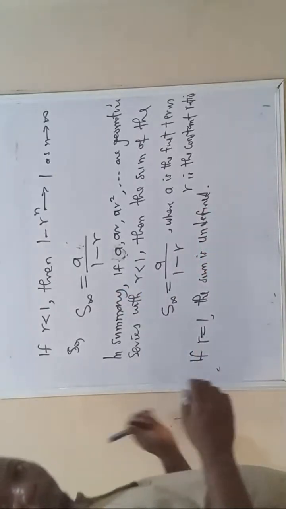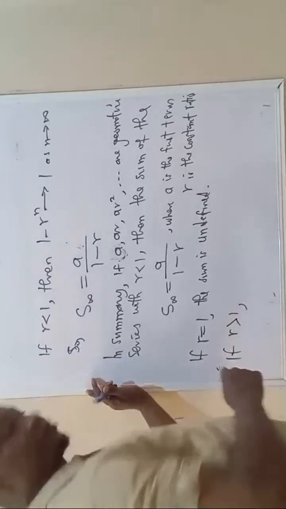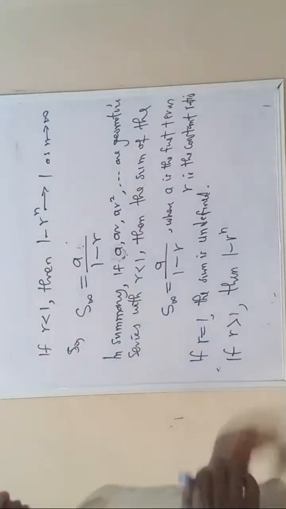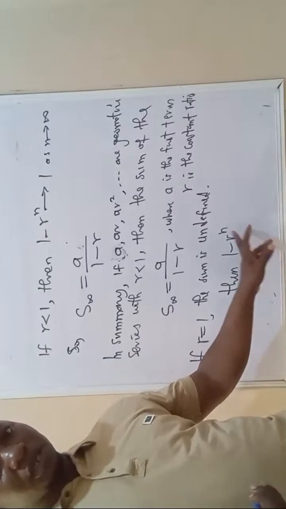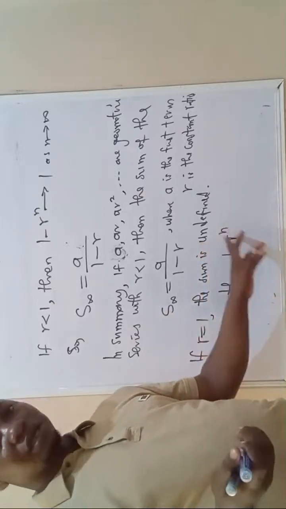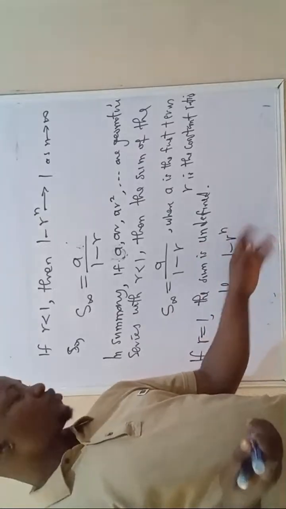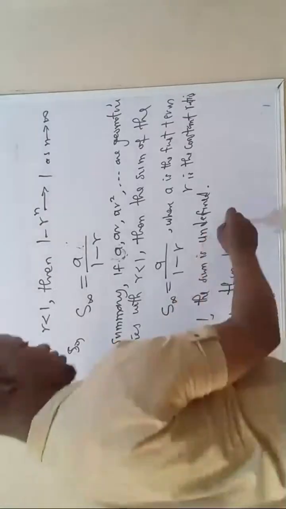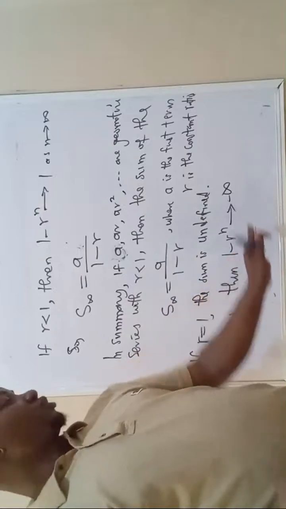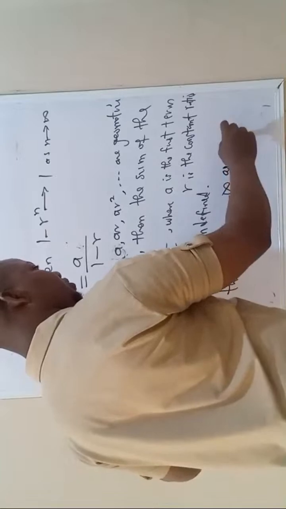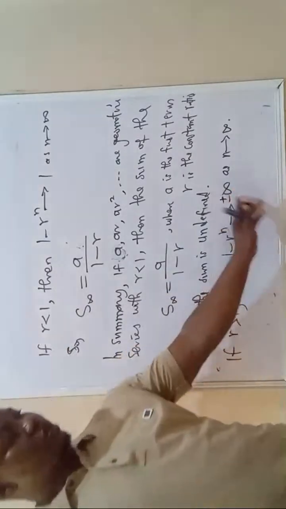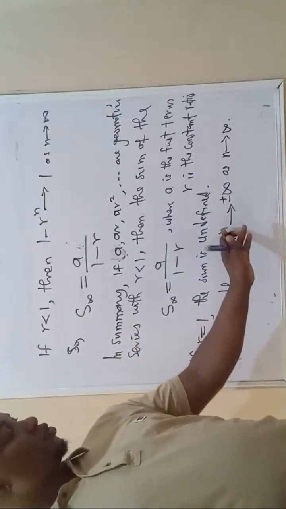Now, in a case where r is greater than 1, then what we'll see is that 1 minus r to the n, let's say r is 2, for example, as n goes to infinity, this will become larger and larger, and this one will give us a very big negative term, converging to a very large negative number.